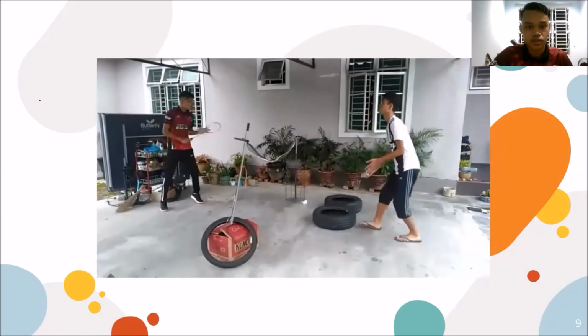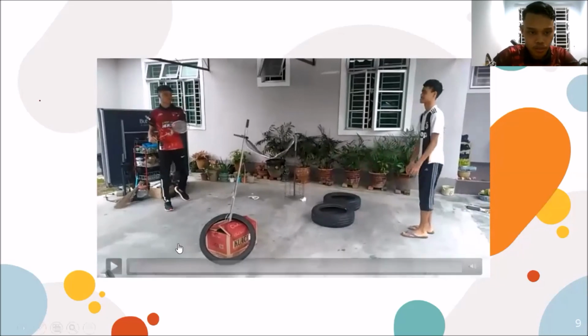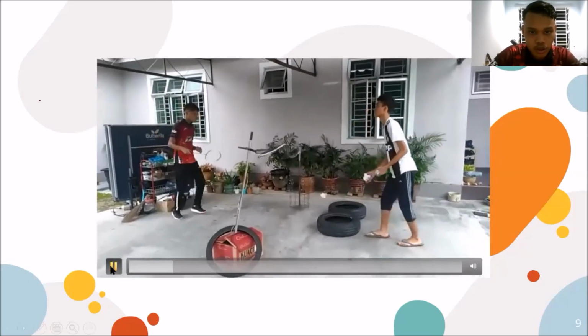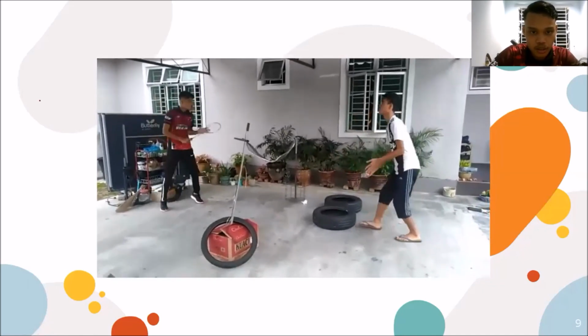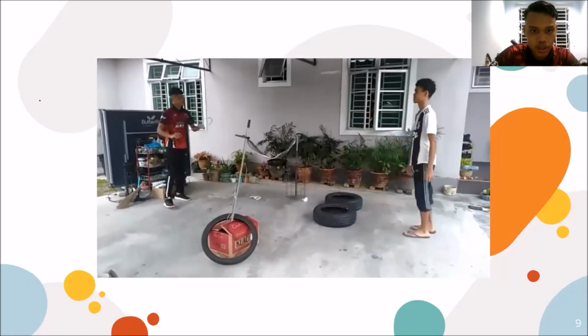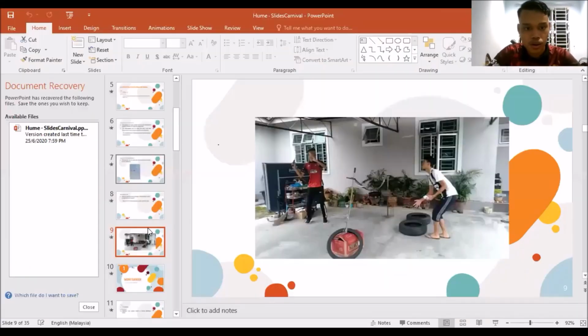You can see the target. Use the playback. Okay, this uses the technique of the drop shot, and we target. That's all from me.